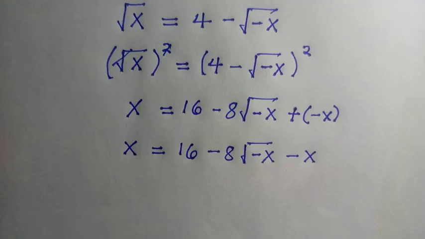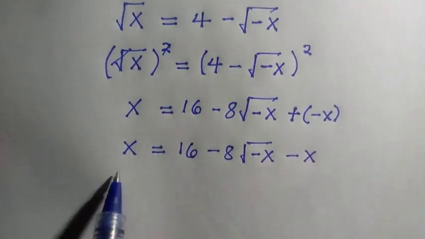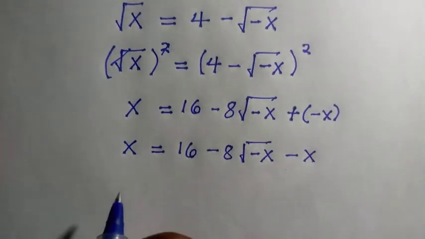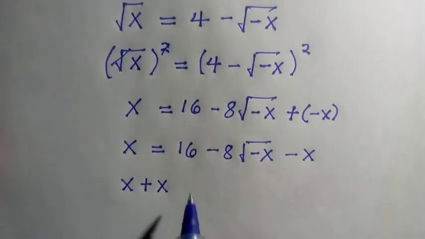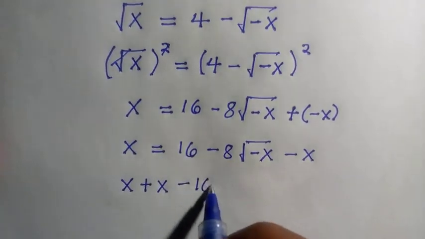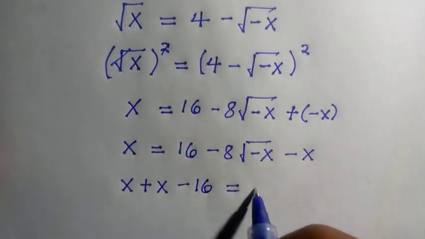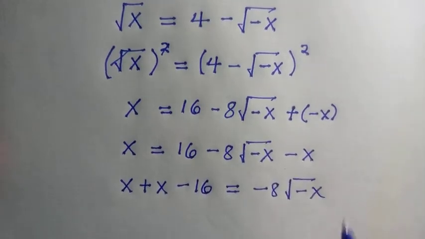So next we have, suppose we take this here and we also take this one here, we are going to have this as x plus x, and when 16 also comes, it becomes minus 16 equals minus 8 root minus x.